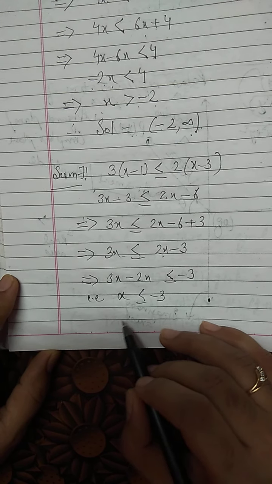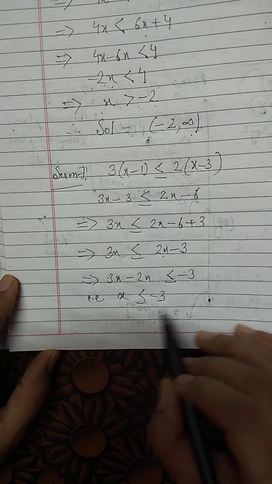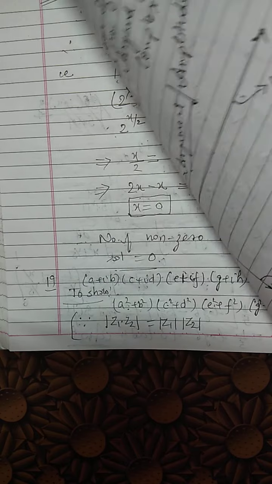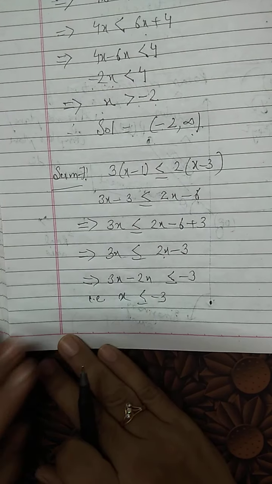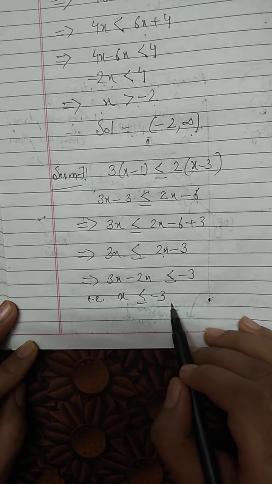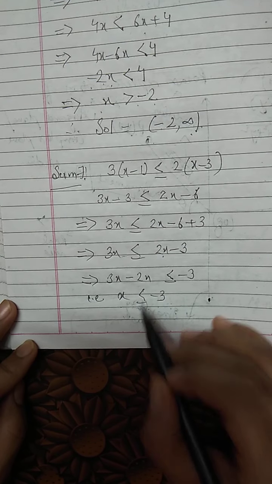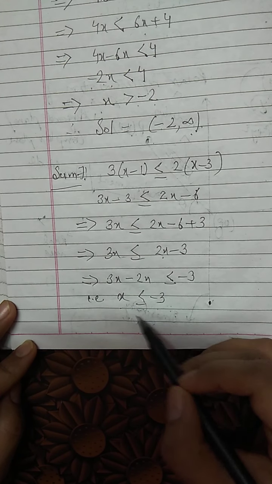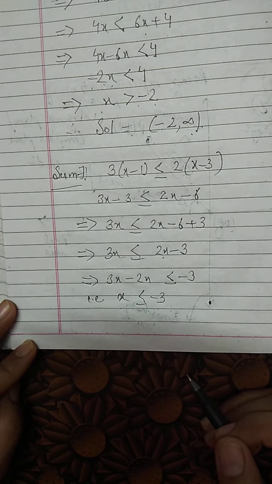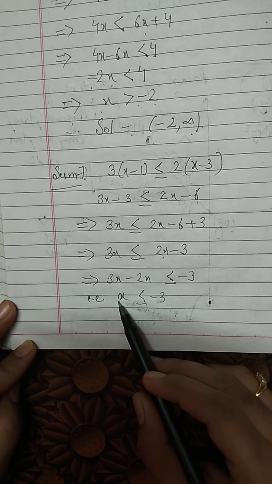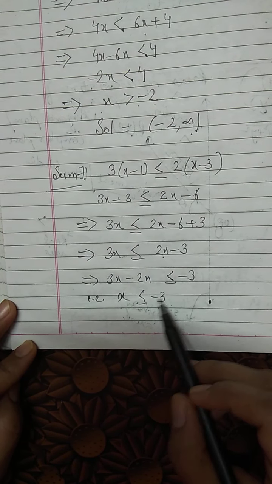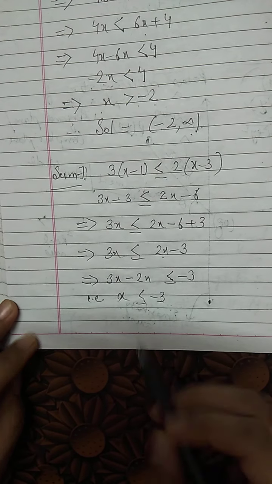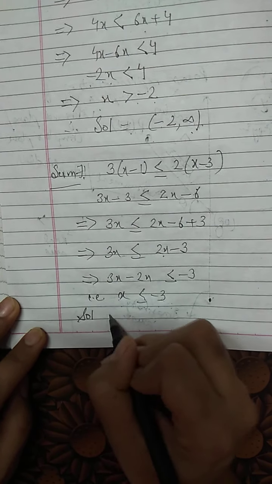Now our solution is coming x less than or equal to minus 3. That means all the real numbers which are less than or equal to minus 3. Now the sign of equality is also there, so this is not a strict inequality, but it's a slack inequality. I want all the real numbers which are less than minus 3 or which are equal to minus 3. So what will be our solution?